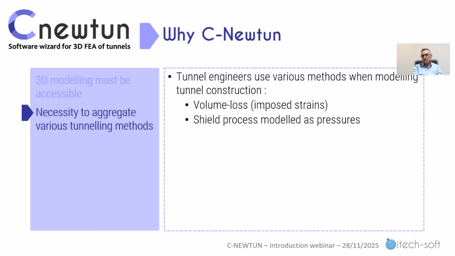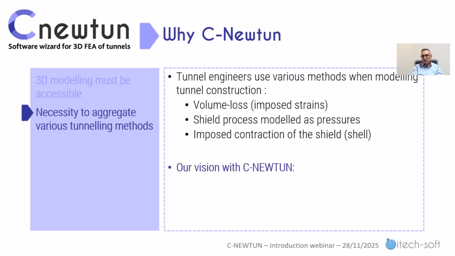You can also model the shield process with pressure, and also you can model the shield process by imposing a contraction. So again, our vision with C-NEWTUN is to provide most of the standard methods, and also to provide an environment that can evolve with new developments.